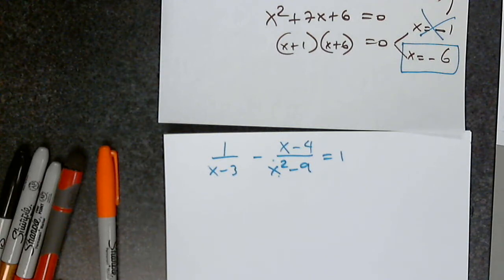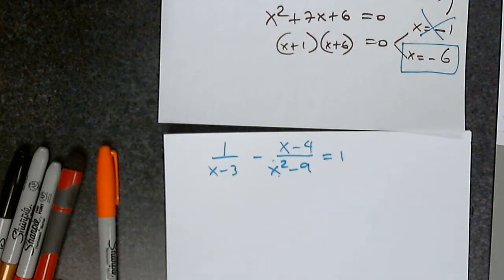No, it's 1 over 1. So it means everything. 1 over 1 means x squared minus 9. Yes, it's good to write it as 1 over 1, exactly. And then write the fraction line and the equals, exactly, yes.